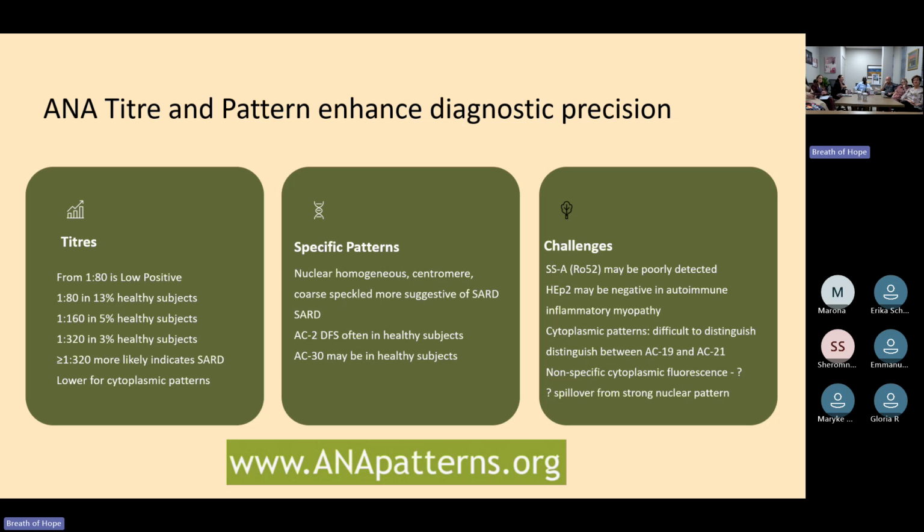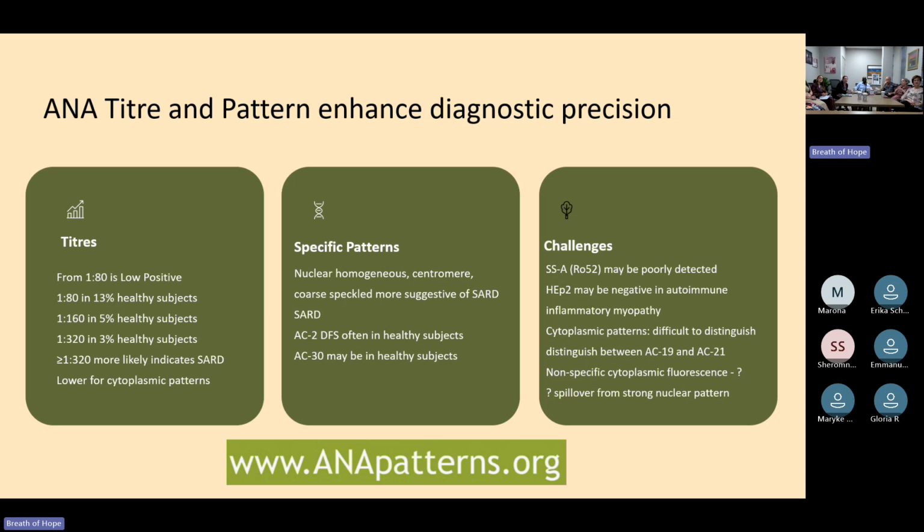One is seen more with autoimmune inflammatory myopathy, the other more with liver disease. So it's a bit tricky, your cytoplasmic patterns. The other thing is that we often see non-specific cytoplasmic fluorescence, especially if your nuclear pattern is very strong. Then it's almost like a spillover from the very intense nuclear immunofluorescence.